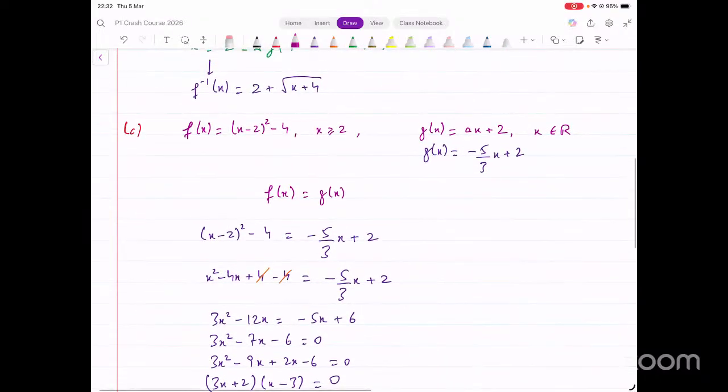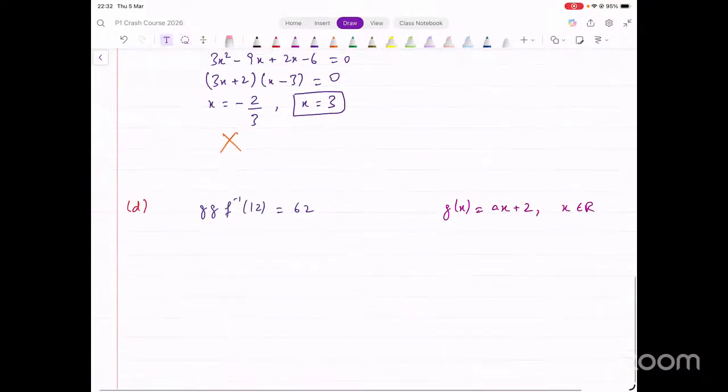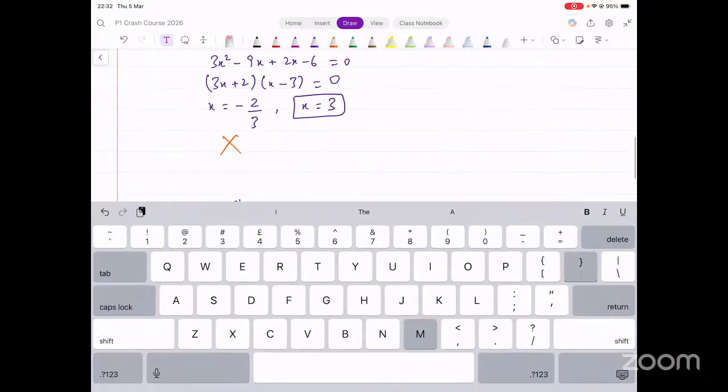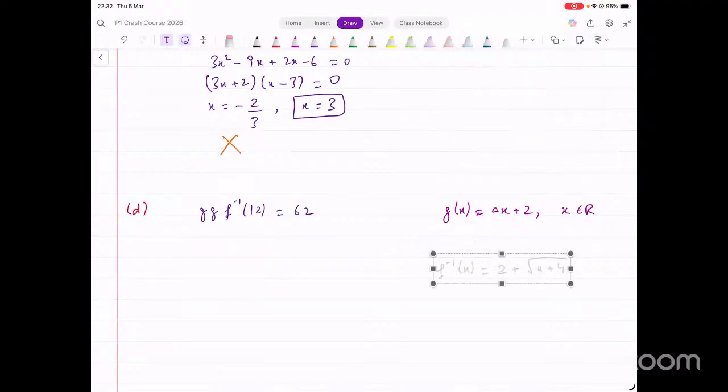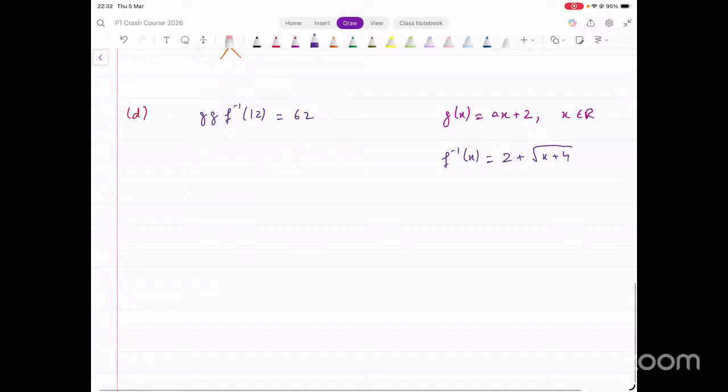And the inverse function that we found was this. Let's write that down here as well. Okay, let's do it step by step. F inverse of 12. Can we just find that first? We can do this separately as well.